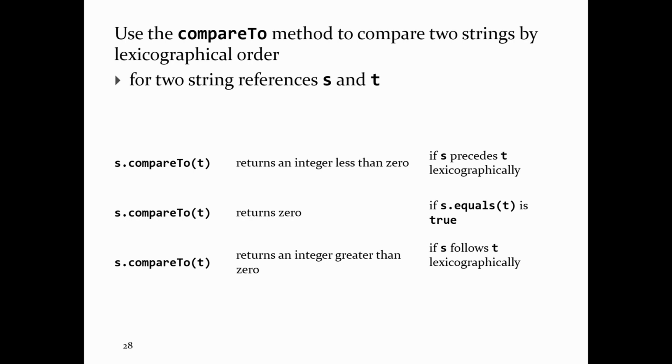S compared to t returns a positive value if s comes after t in the dictionary. So negative if s comes before t, positive if s comes after t, 0 if they are equal strings.